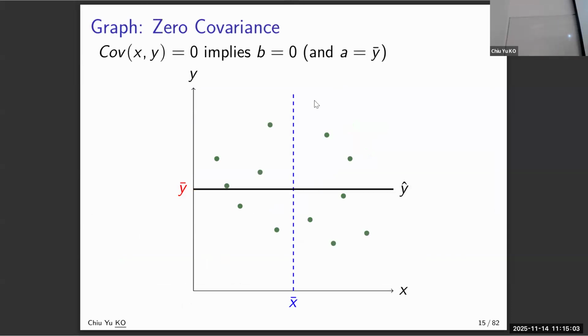Same in the next slide. If covariance is 0, then B must be 0. Why? Because if X is useless, X can't tell us anything. So what is your regression model? Your model will just say, I just use the average of Y to predict, right?